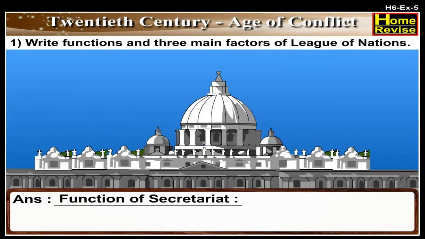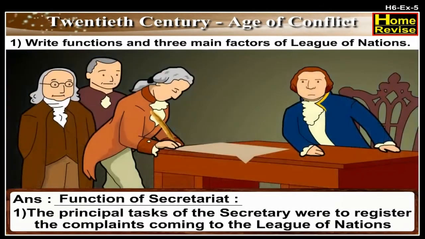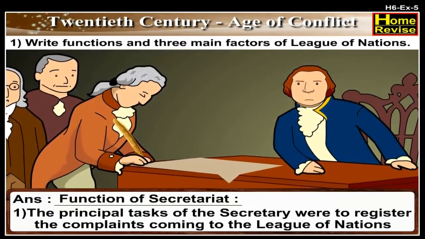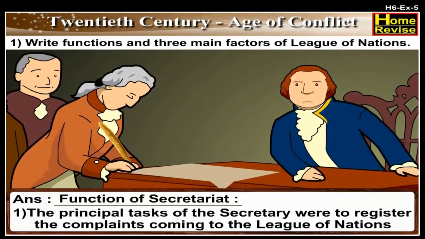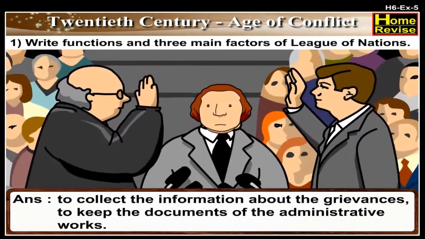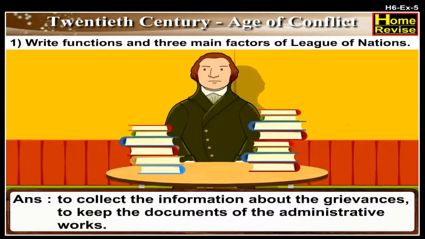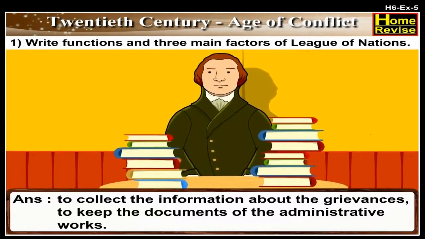Function of Secretariat. 1. The principal task of the Secretary was to register the complaints coming to the League of Nations, to collect the information about the grievances, and to keep the documents of the administrative works.